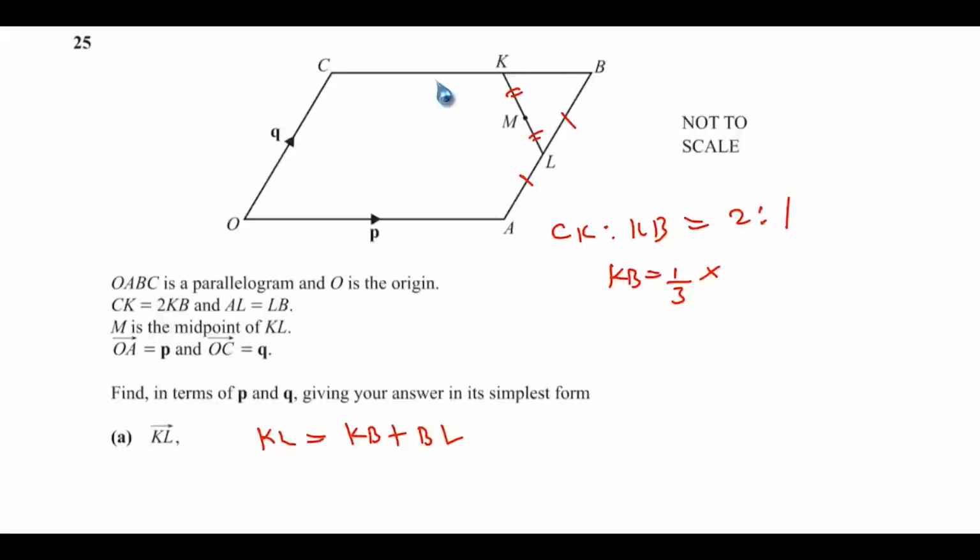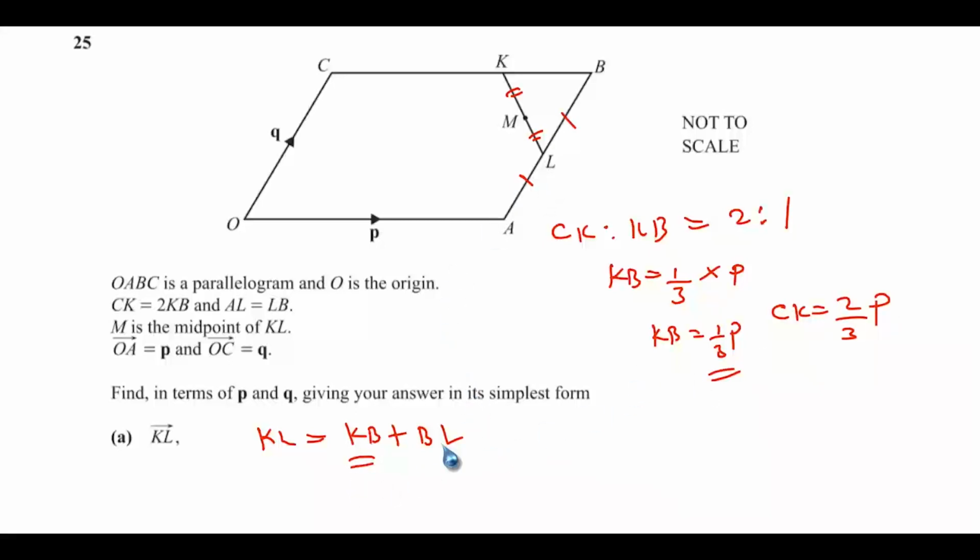But mind you, CB is the same as OA, so it will be P. That will be the value of vector CB. So KB is equal to 1 over 3 P. Equally, you can get the value of vector CK. CK will be equal to 2 over 3 multiplied by P, because the 2 parts must add up to P. So I can equally write CK to be equal to 2 over 3 P. Okay, so I've got KB.